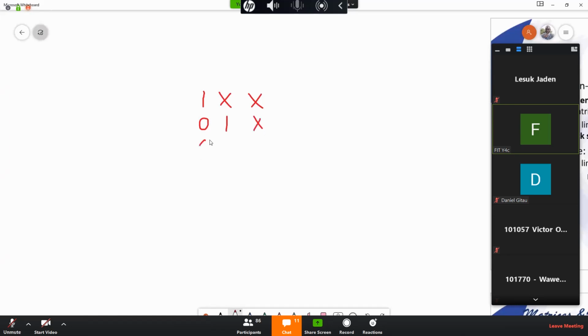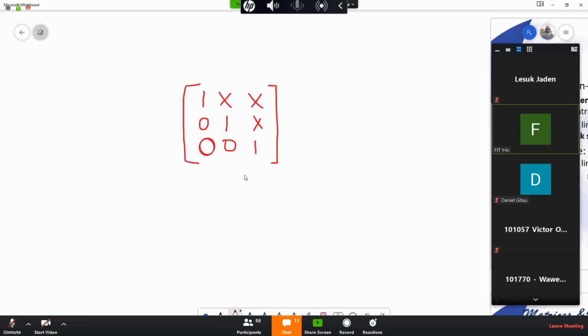Then the third row can start with a 0, followed by a 0, and then you should have a 1 here. So when a matrix is in this form, it is called row echelon form.